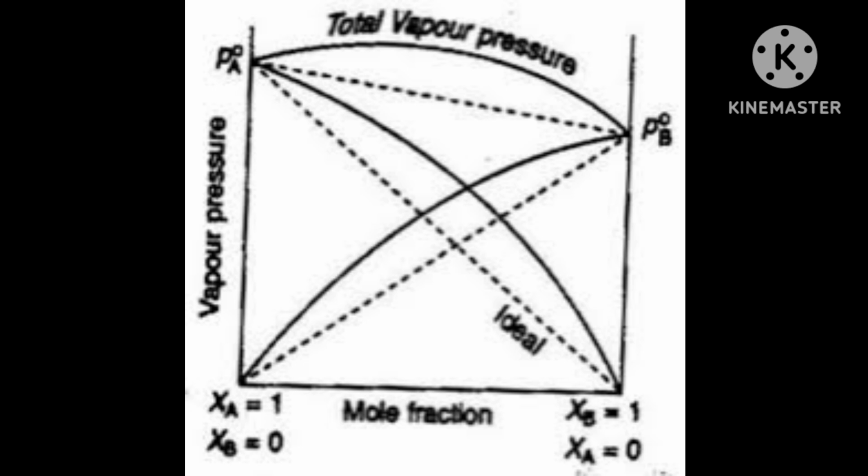But now, in case of negative deviation from Raoult's law, the intermolecular attractive forces between AA and BB are weaker than those between AB, and this leads to a decrease in vapor pressure, resulting in negative deviation.